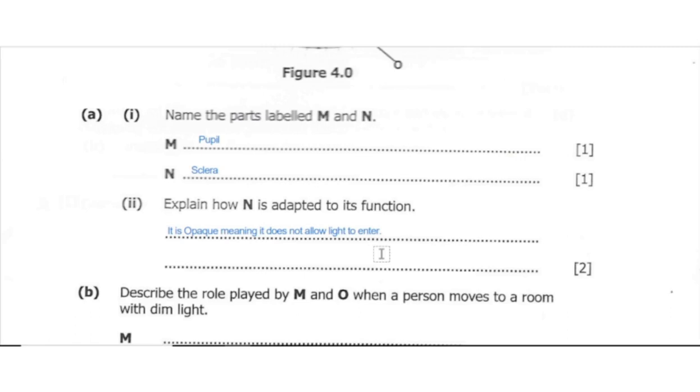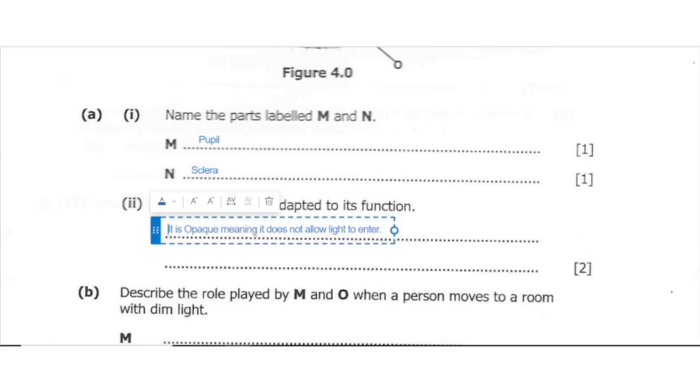The other one is it's opaque, and since it's opaque, it does not allow light. So these are the two. I can even separate them, so I can say it's opaque, it does not allow light.